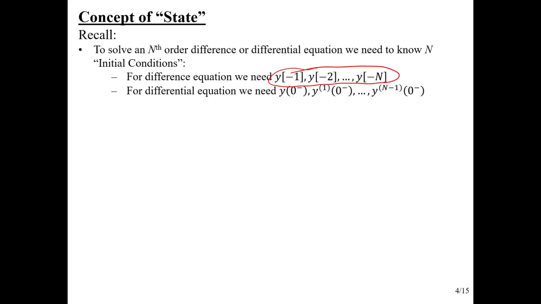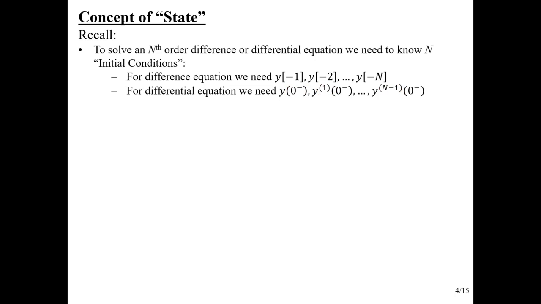And then you might also remember from your differential equations class, you needed n initial conditions, and they were usually derivatives. And the 0 minus just was the derivative right before your input started. So your input was 0 up to a point, and then it changed. So right before that change, that's what the concept of 0 minus is.